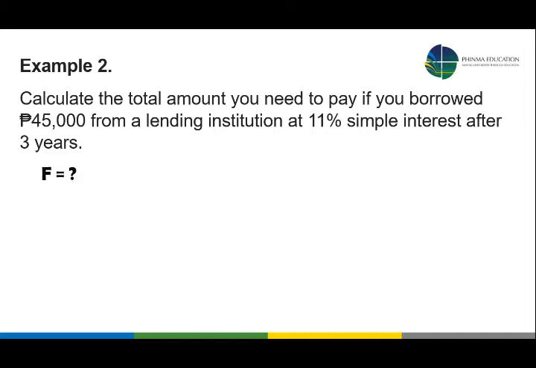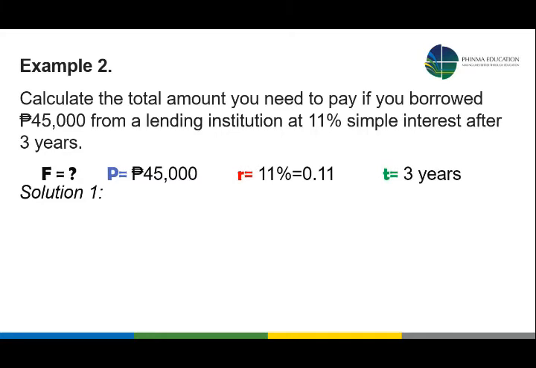In order for us to compute it, we have to plug in first the given data: a principal of 45,000 pesos, a rate of 11% or 0.11 in decimals, and a time of 3 years. It has two solutions. We'll go to solution 1.